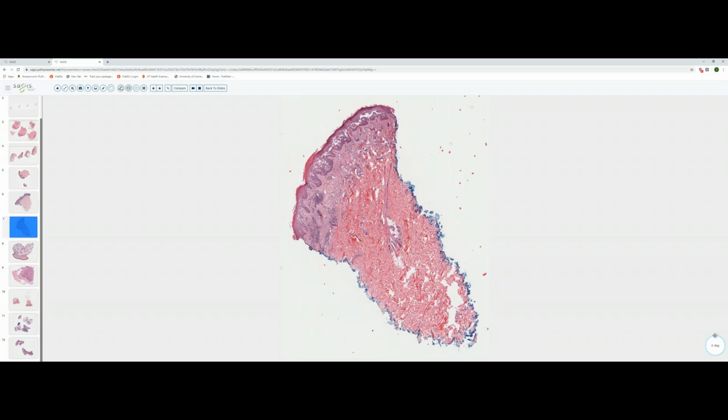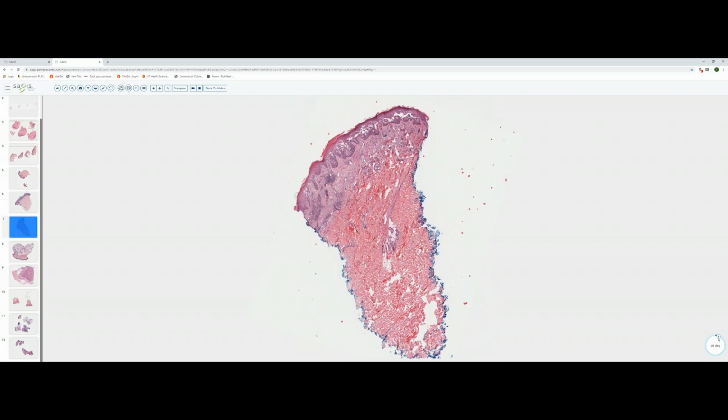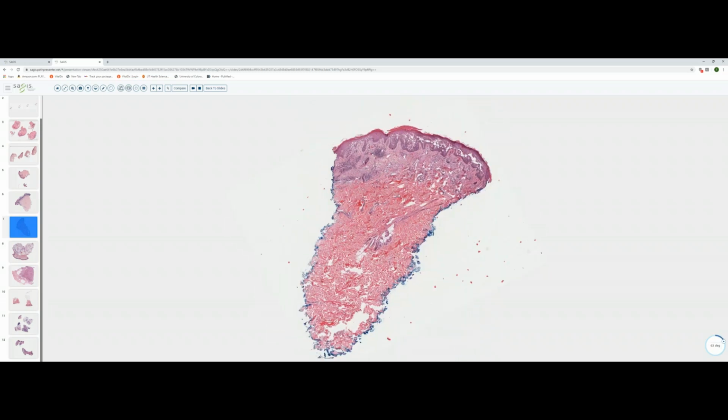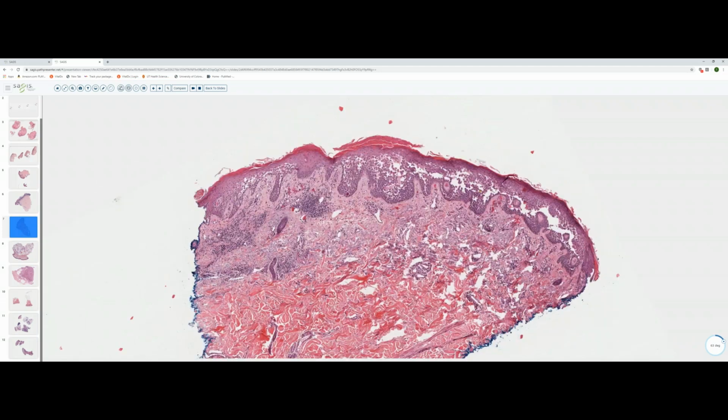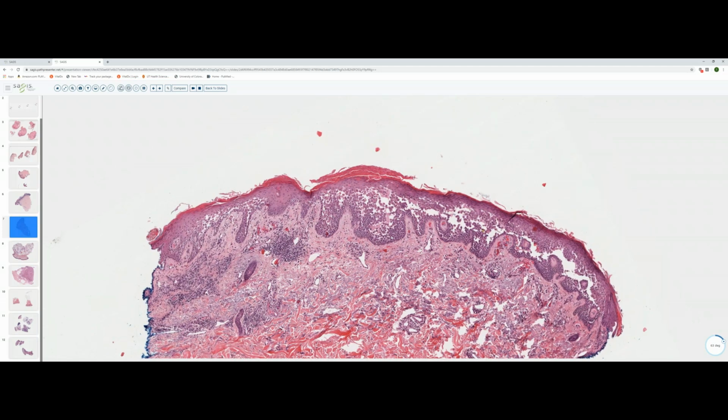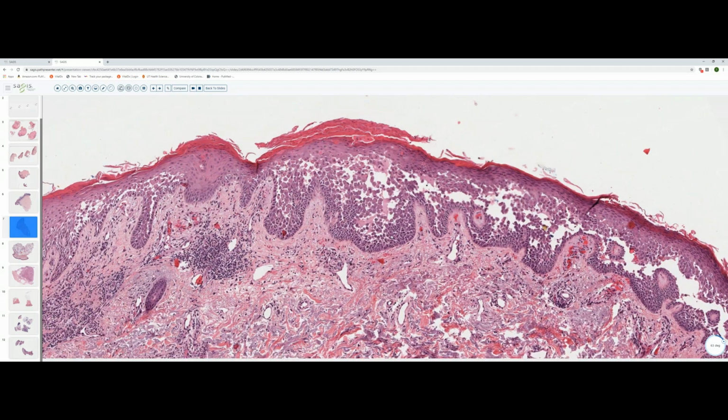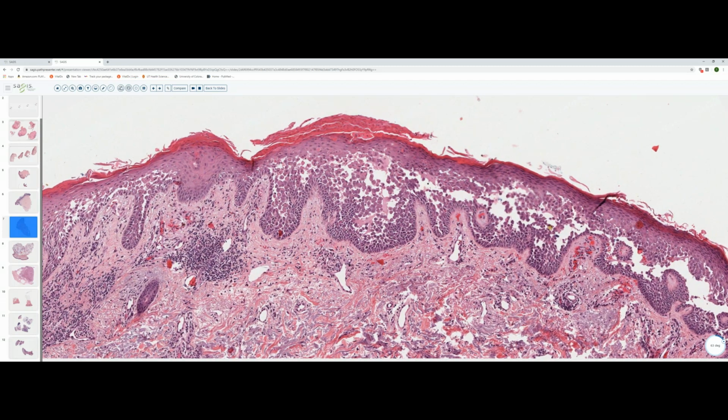Slide 7, kind of related, was a punch biopsy from the trunk. Again, one can see an intraepidermal vesicle that is formed as the result of acantholysis. Here, the acantholysis is present above the basal layer, but it involves much of the thickness of the epidermis.